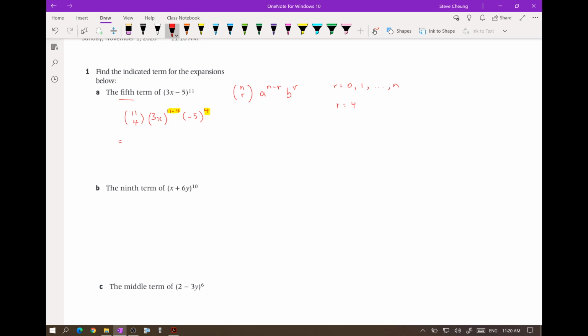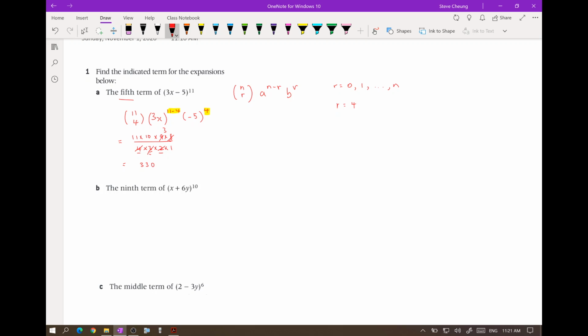well, let's do it this way. So it's possible to expand out the binomial coefficient as follows. And then 4, 2, and 8 will cancel out. And 3 and 9 will simplify to 3. So in other words, we will have this number to be 330.